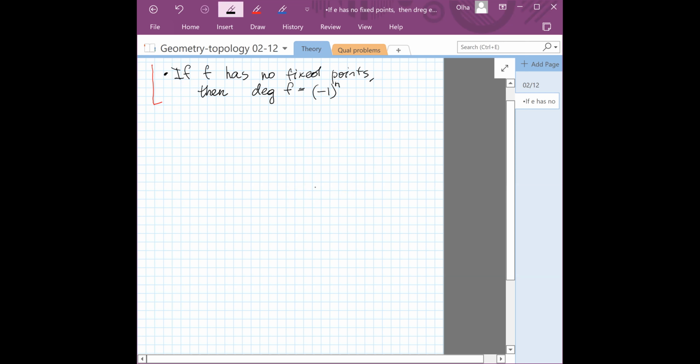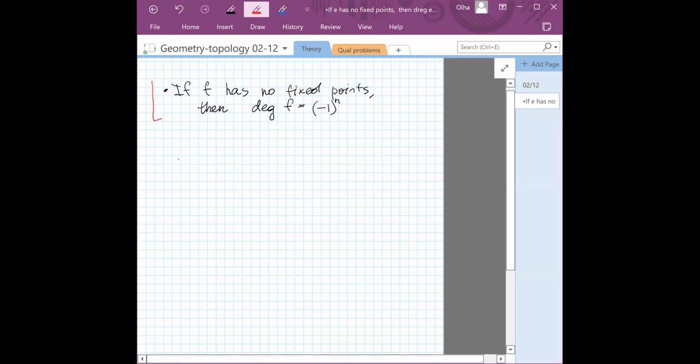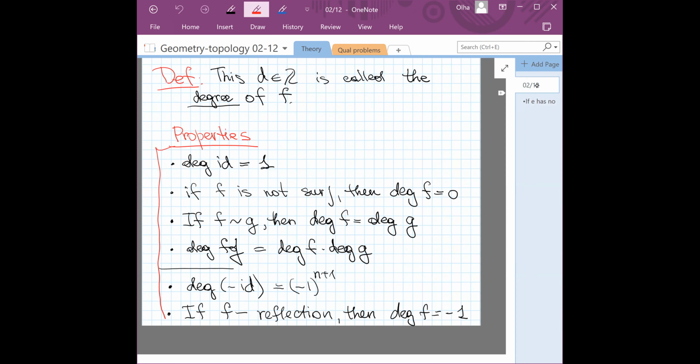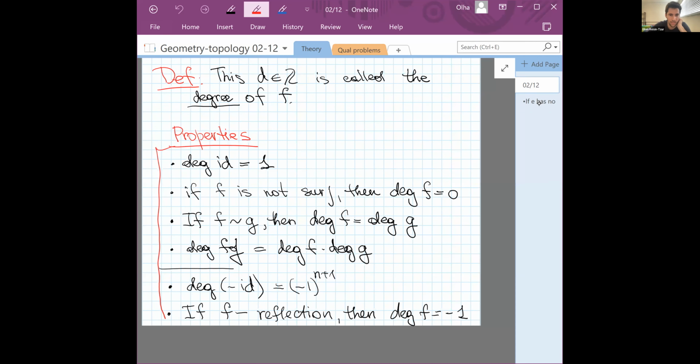Okay, then here is a first nice application of degrees, the hairy ball theorem. Wait, what? Can you scroll up to the previous property? Yes. The degree, it looks here like the degree of the antipodal map is (-1)^(n+1), but down there you wrote the degree of F is (-1)^n.